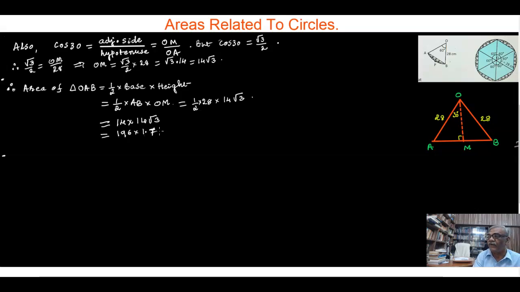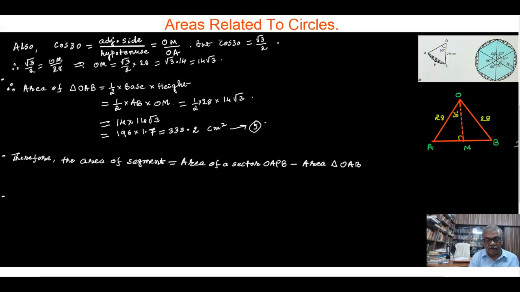Presently I am taking 1.7 only, and that equals 333.2 square centimeter. I call this equation number 5.